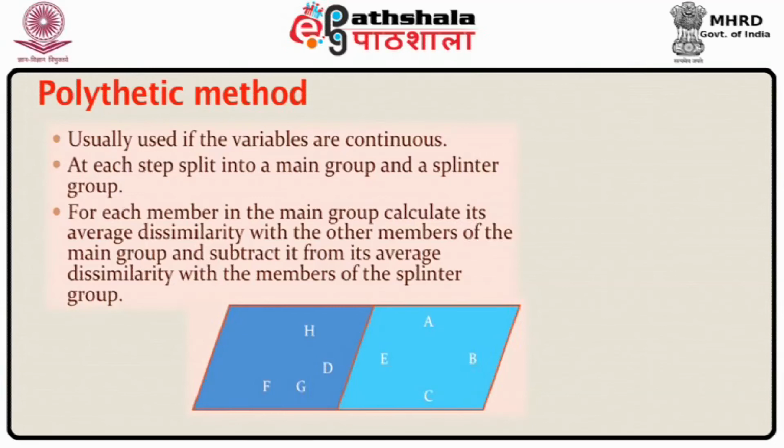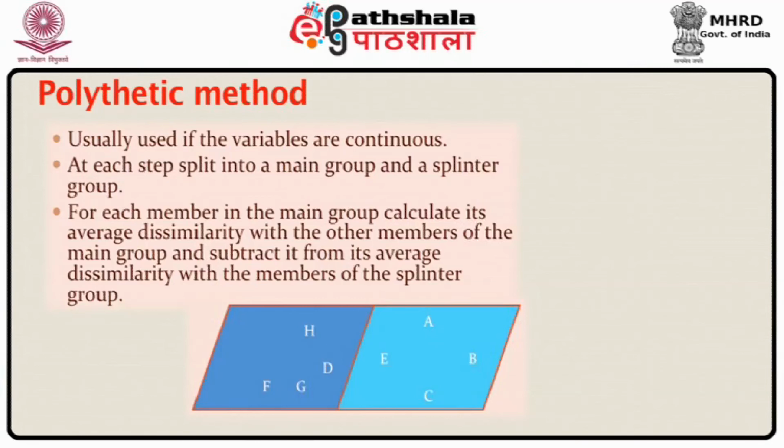However, if you look at E's average within the group, that is with A, B and C, it may not be smaller than its average with D, H, F and G. It's closer to D, probably much closer to D than to B. So this difference may not be negative in this case. So you can see that if you look at the main group, some of the average differences would come out to be positive, some of the differences will come out as negative.